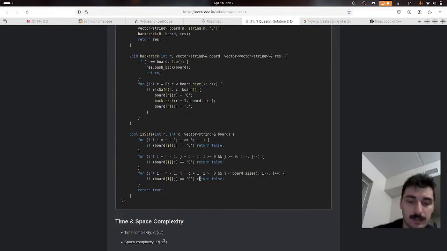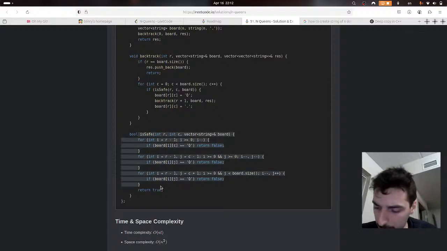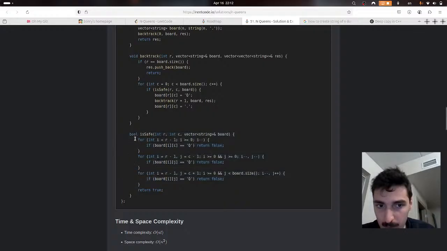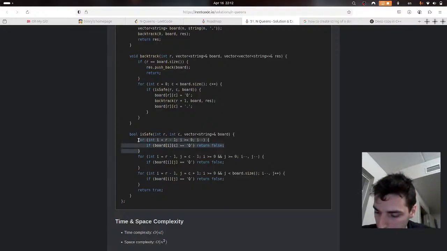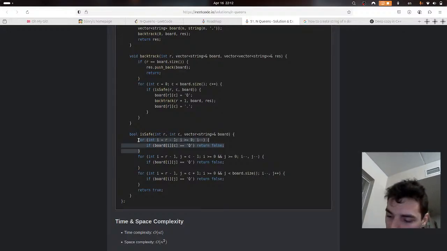Right, this iteratively only checks for a given chessboard coordinate. If this column is safe, it checks the whole column actually, and it also checks if the top stuff is going good.